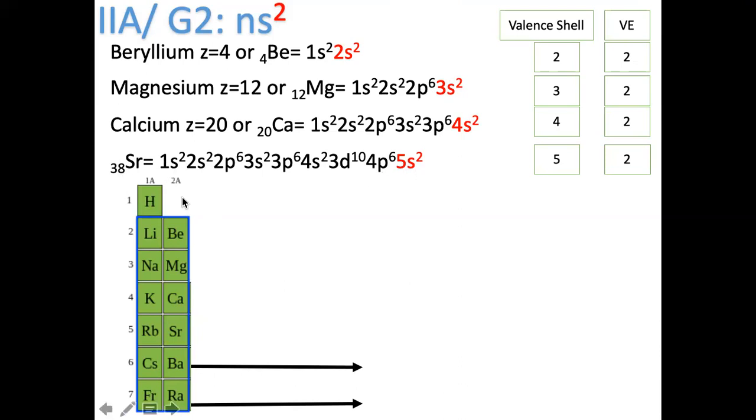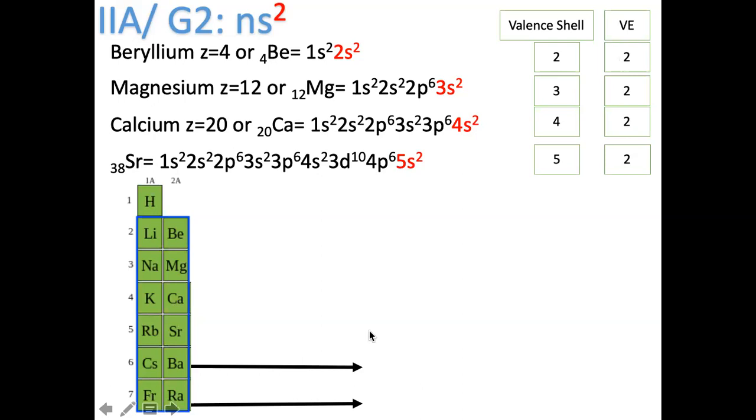Carefully count the strontium. 1, start here, 1, 2, 3, 4, 5. And so the ending would be 5s2. Note that the valence electron of this group 2A is 2.